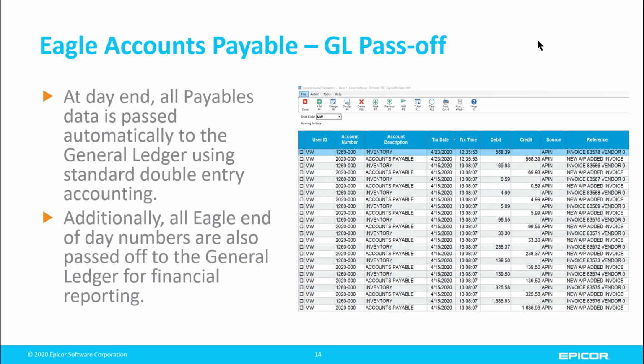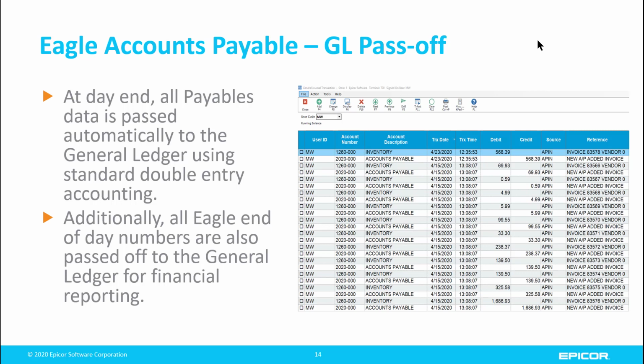So at the end of the day, this next slide is a picture showing your general ledger and what has, in this case, my inventory, what I've paid for various vendors, and the accounts payable bucket that I pulled the money from to cut the checks. So we debit the inventory bucket in all these lists.